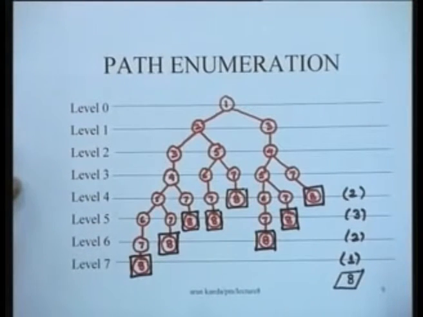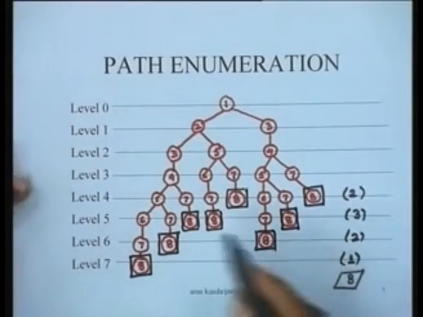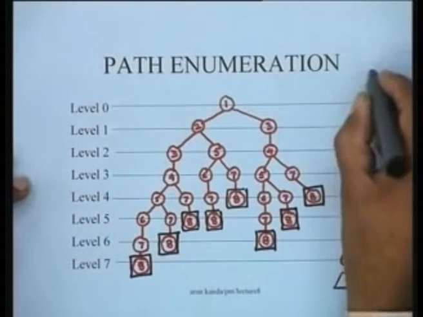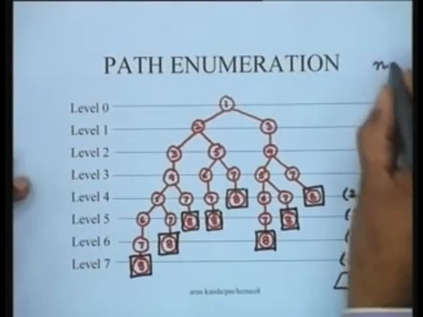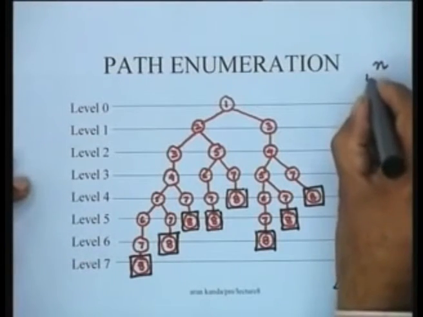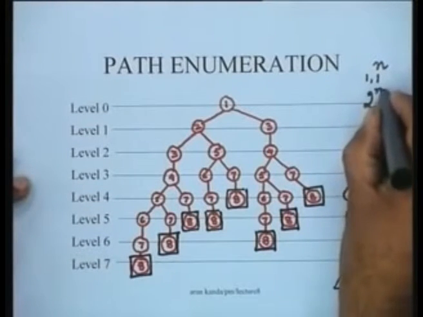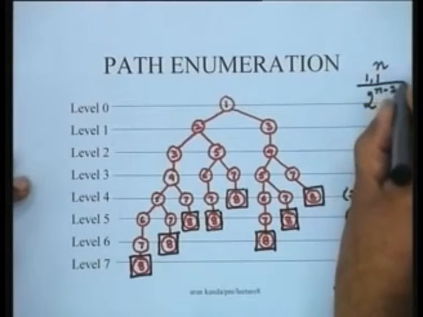So this is the process of determining the longest path in the network by path enumeration. The major difficulty with this approach is that it is time consuming, and moreover the number of paths in a project network can be very large. For instance, if you have a network with n nodes with a single source and a single sink, the upper bound on the number of paths is 2 raised to the power n minus 2.